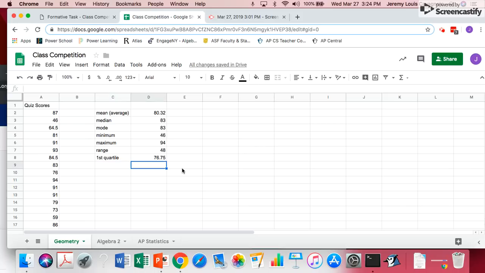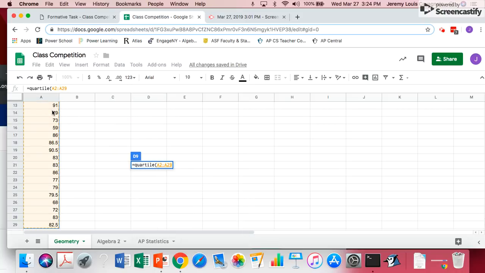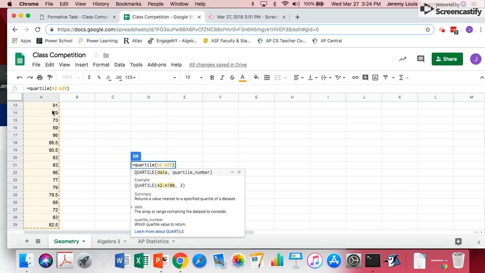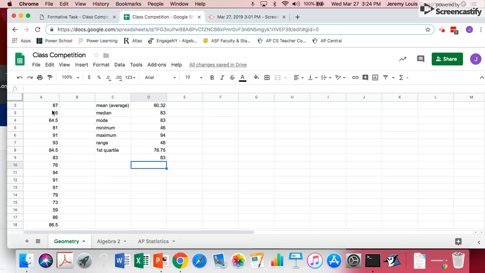Okay, and maybe you've already figured this out, but if I want to find the second quartile of this data set, oops, let me get my comma in there. Notice it's 83. It's actually just the median.